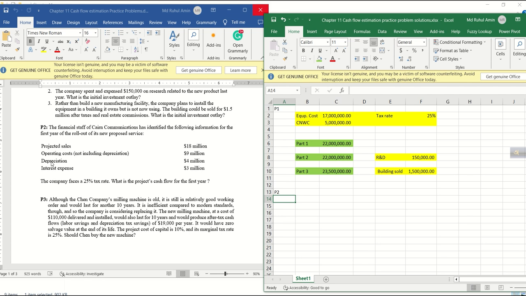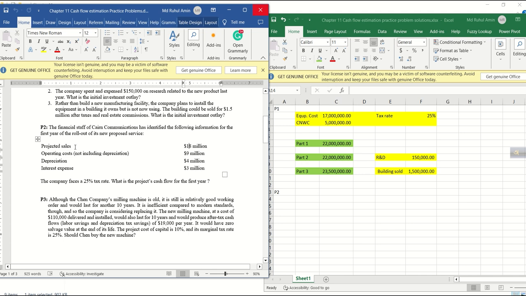What we talked about depreciation in our cash flow estimation: depreciation is a deduction from the profit and loss account, but the actual cash flow did not happen. So in our cash flow estimation we should add it back. And interest expense is already taken care of by the cost of capital, so we should not consider interest expense in our cash flow estimation.